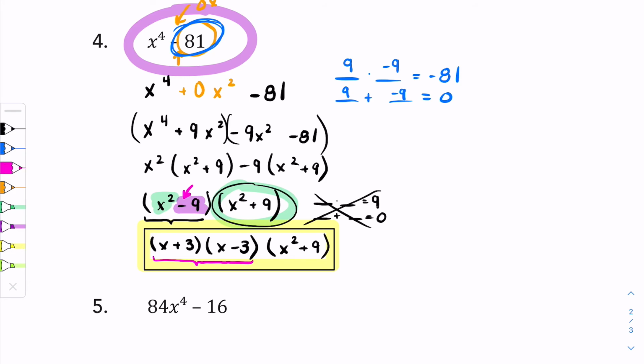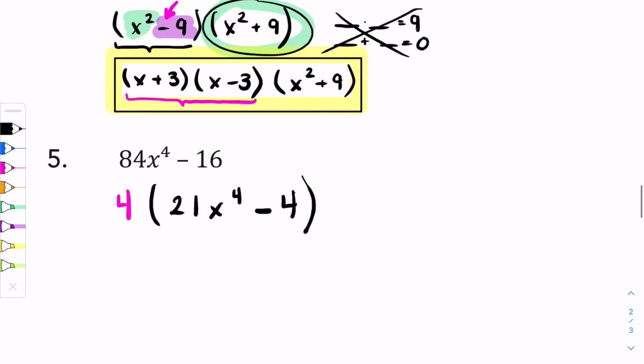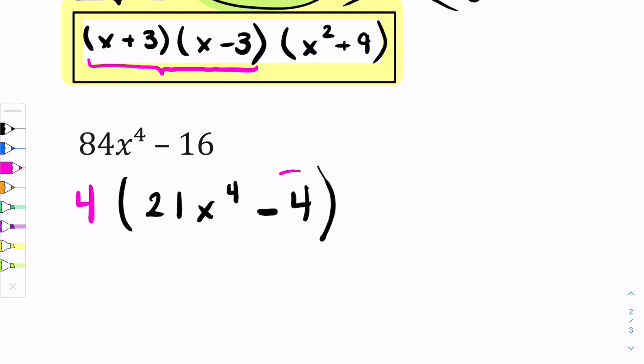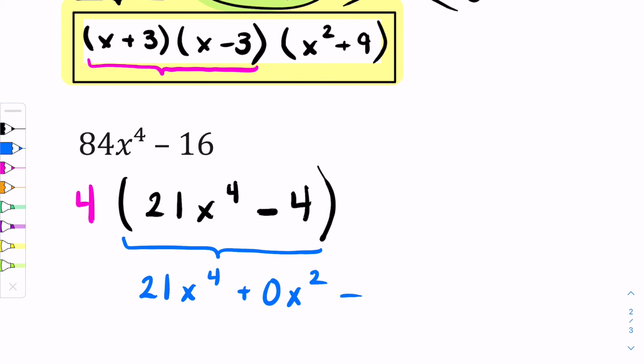Take out a GCF of 4, you're left with 21 times x to the 4th minus 4. All right, we are subtracting a perfect square. So let's just see if we can go further with this. We need to write this out as 21 x to the 4th plus 0x squared minus 4.